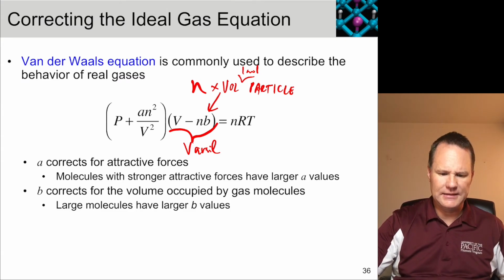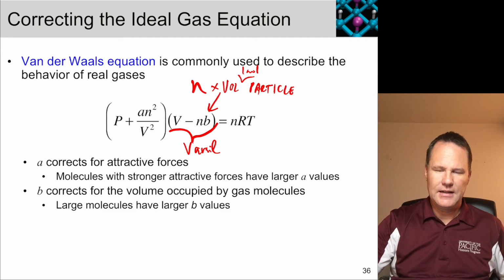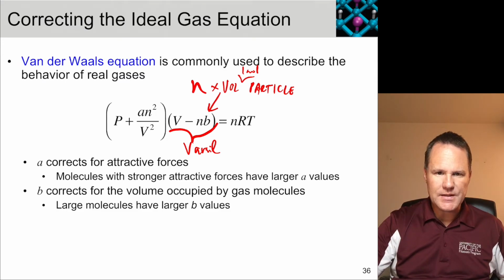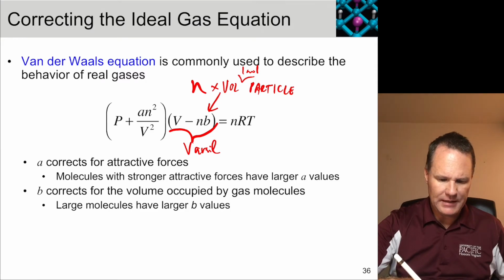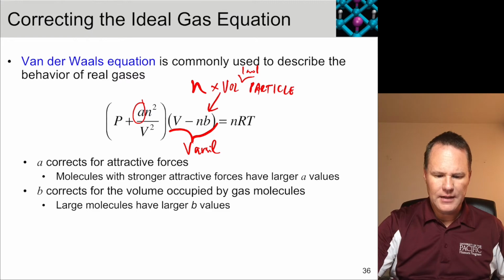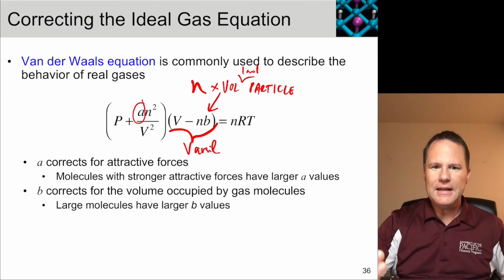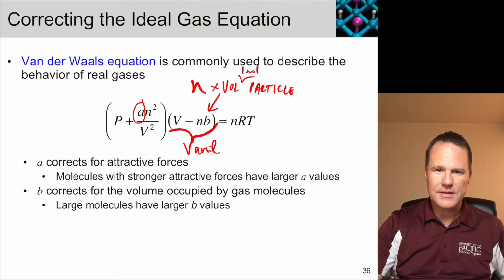Now what about the pressure? Well, the pressure that we measure is going to be reduced by this attractive interaction. So the measured pressure plus some sort of a correction factor is what we would have under ideal conditions. And that would be, again, some sort of a fudge factor, but how many interactions we have depends on how many particles we have per total volume.